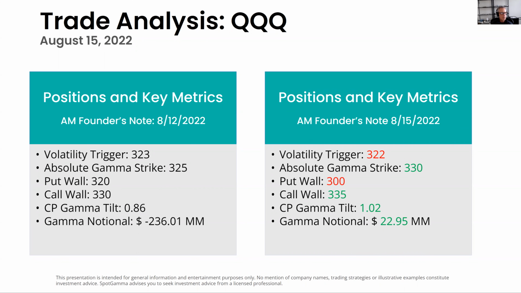And also the CP gamma tilt became more positive, and gamma notional shifted from negative 236 to about positive 23. And again, this is one of the rare instances where gamma notional has been positive in the last year.